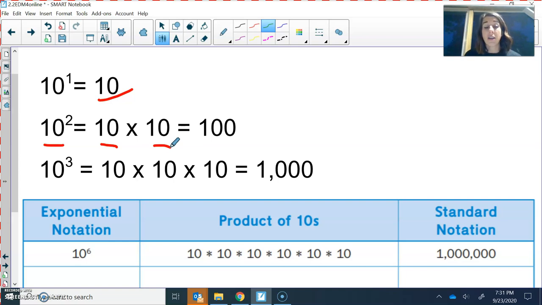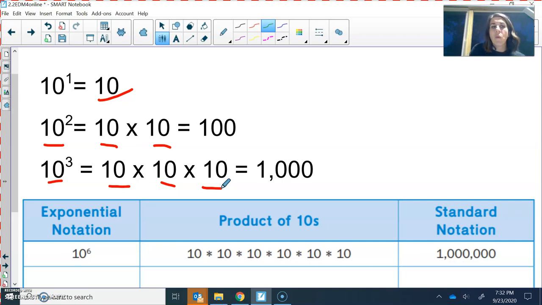That equals 100. If I have 10 to the third power, that means our base, 10, is going to be multiplied 3 times. 10 times 10 times 10. That equals 1,000.